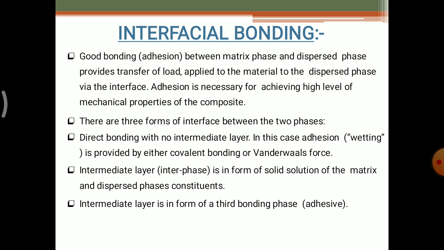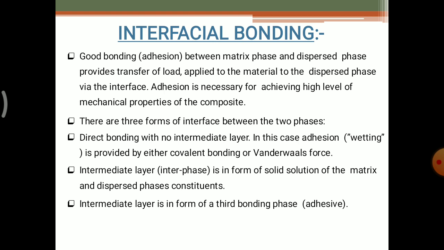Second one is where the intermediate layer is in the form of a solid solution of the matrix and dispersed phase constituents. So that is the second type. And the last one is where the intermediate layer is in the form of a third bonding phase, which is also called the adhesive phase.